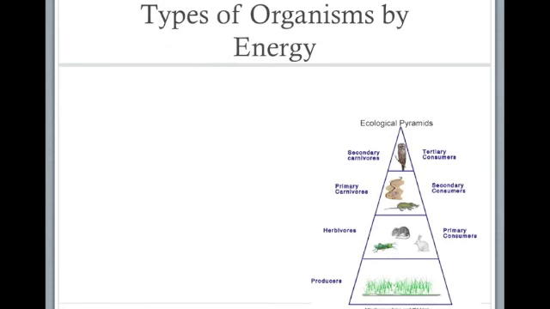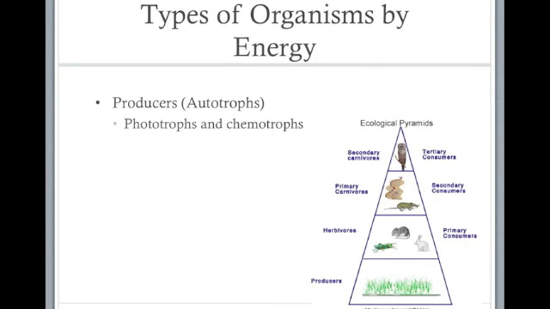Now, before we get into how it specifically flows, I'm going to discuss the names of the different organisms, and it's basically based off of how they obtain energy. First off, we have producers, also known as autotrophs, and these are organisms that can make their own food. And there are phototrophs and chemotrophs.